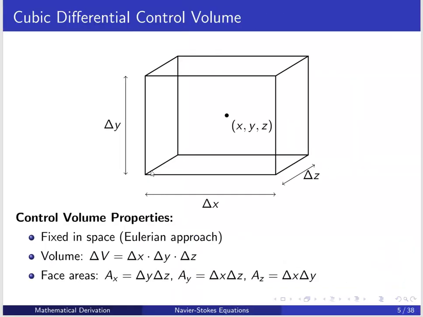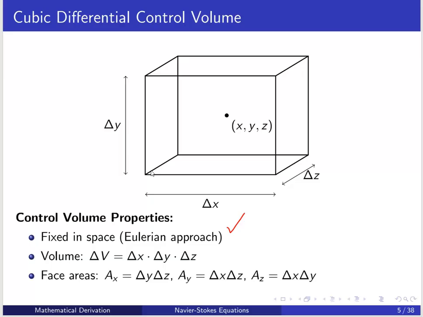x, y and z direction. Now here is the cubic differential control volume, whose center is at the x, y, z coordinate, and here are the control volume properties. It is fixed in space, meaning it follows the Eulerian approach, and the cubic differential control volume has del x length, del y height and del z width.